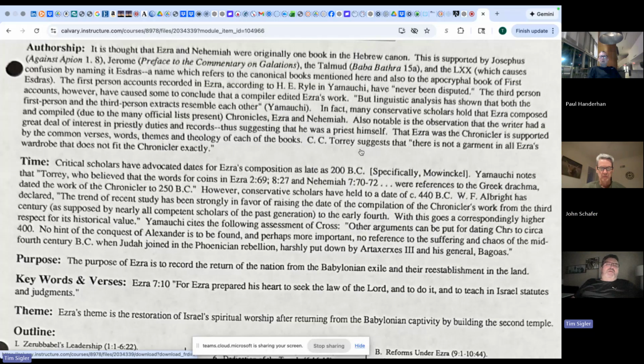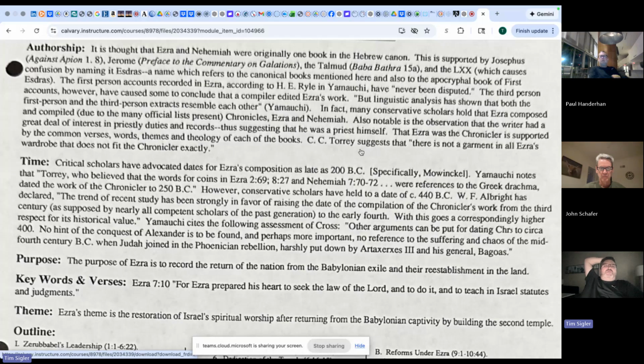It's Samuel A and B. It's the same book. So no matter how many books you count up, the question is, what texts are included in the canon? And of course, when you come to the books of Ezra and Nehemiah, they were counted as one of the books of Esdras.